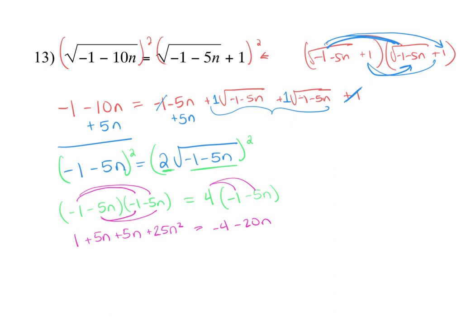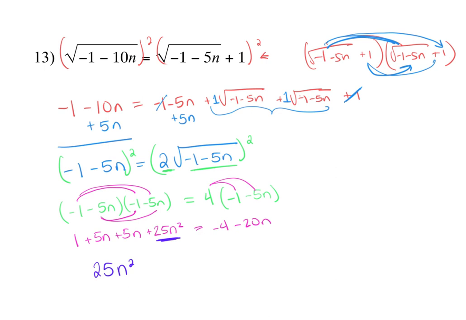When you have a square, you need everything to one side, set equal to 0. I'm also going to rearrange this left side to be an ax squared plus bx plus c form, okay? Meaning I want it in standard form. So I'm going to put this 25 n squared first, right? 25 n squared.